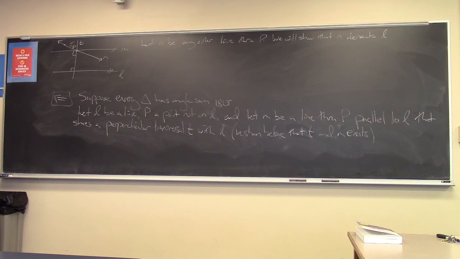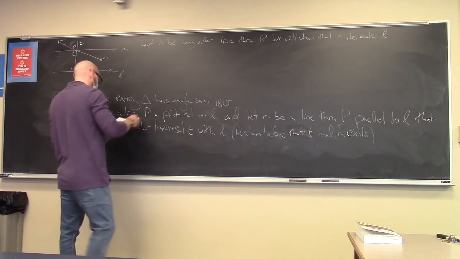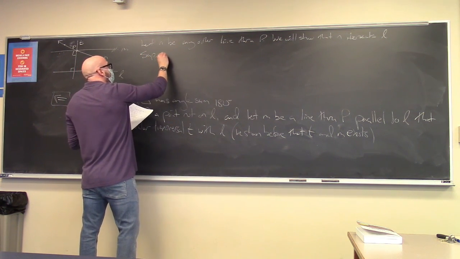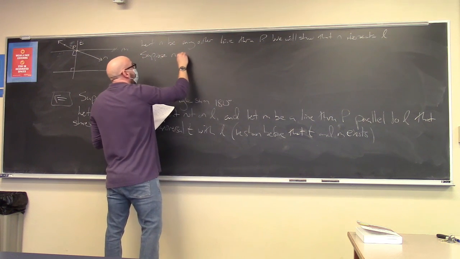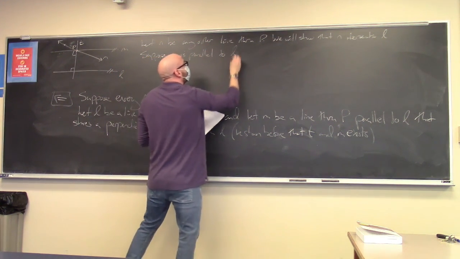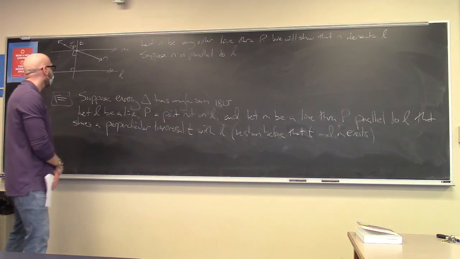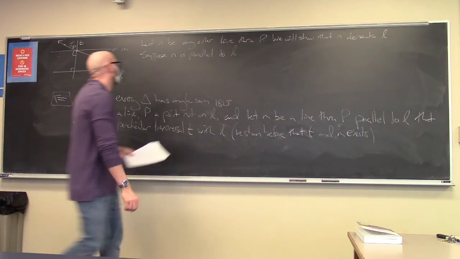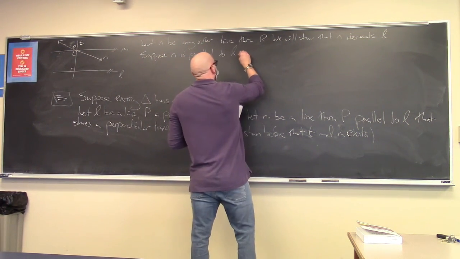How do we do this? Well, let's proceed by contradiction. So suppose N is parallel to L. And now I'm going to throw a whole bunch of points up on this picture to save having to write down exactly what they are. I'm just going to once again refer to the picture so you can see what sides everything is on. So let's see.